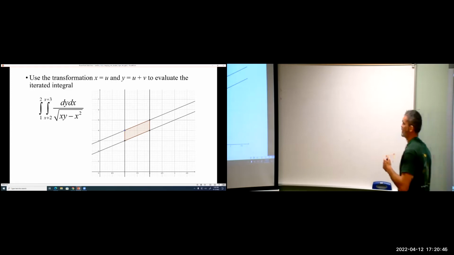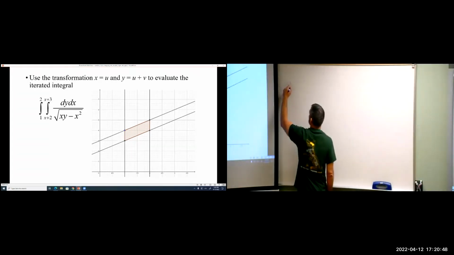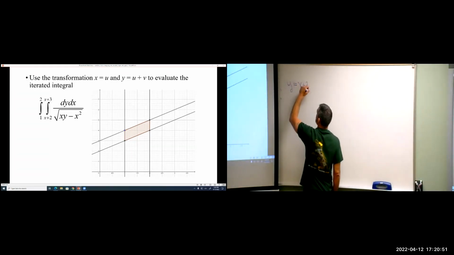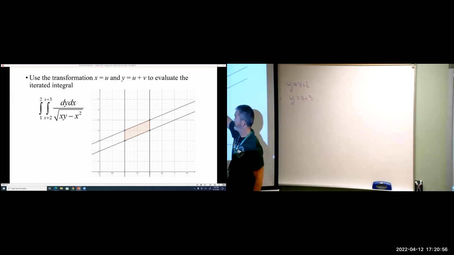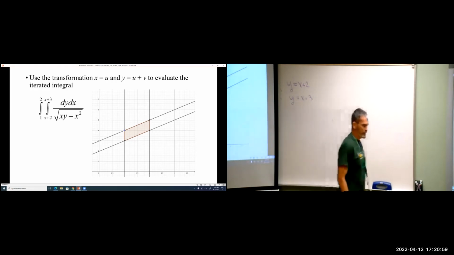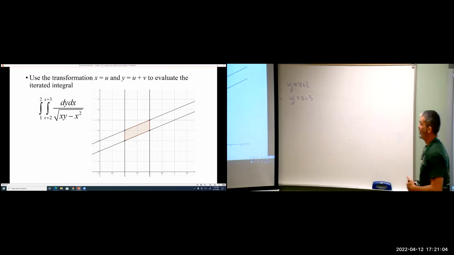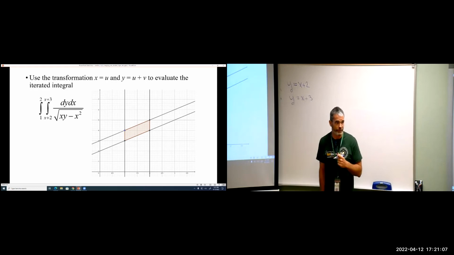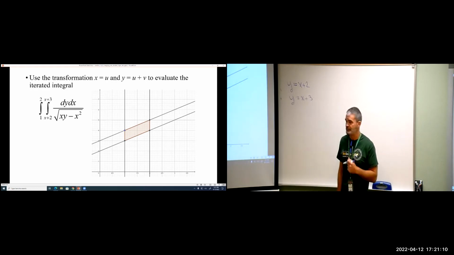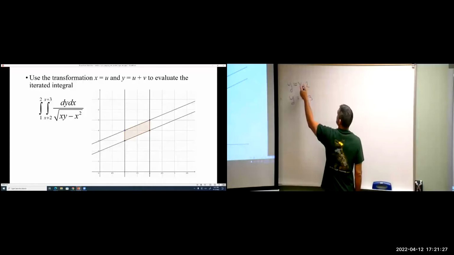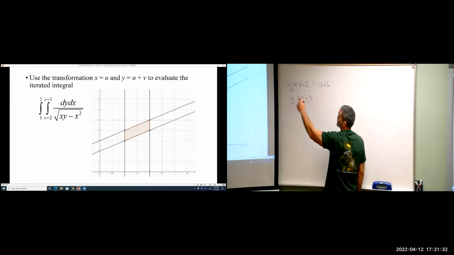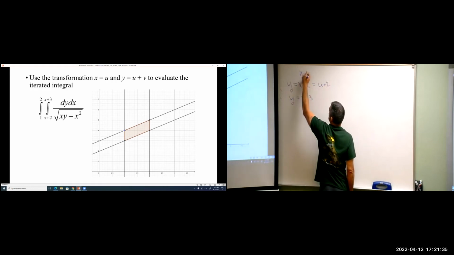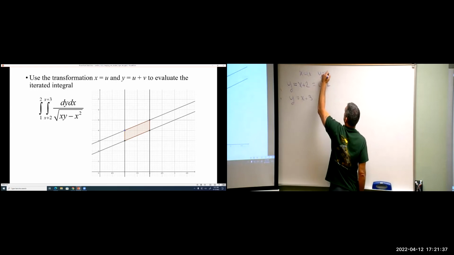So let's take a look at our first set of limits. y equals x plus 2 to y equals x plus 3, right? That's going from this line to this line. What's that doing in terms of u and v? Well, remember x equals u and y equals u plus v.